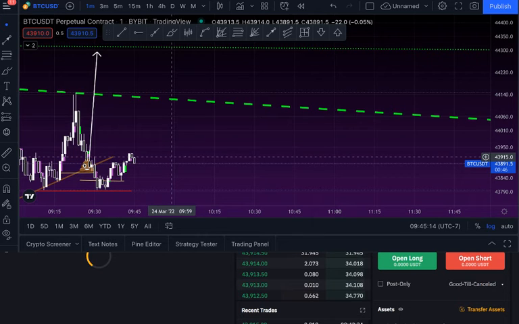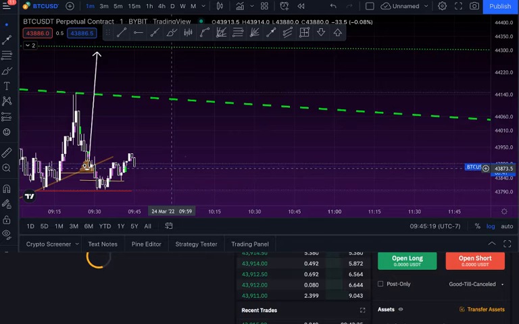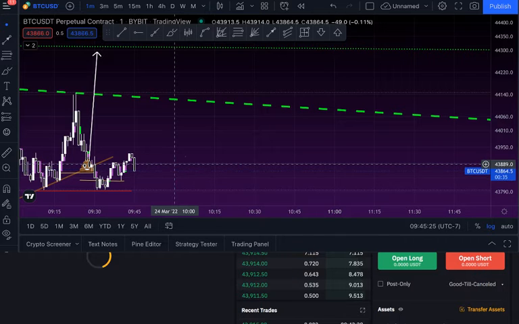Oh, it's a pretty good move. I'm seeing a bit of longs into that high there, which I don't love to see.